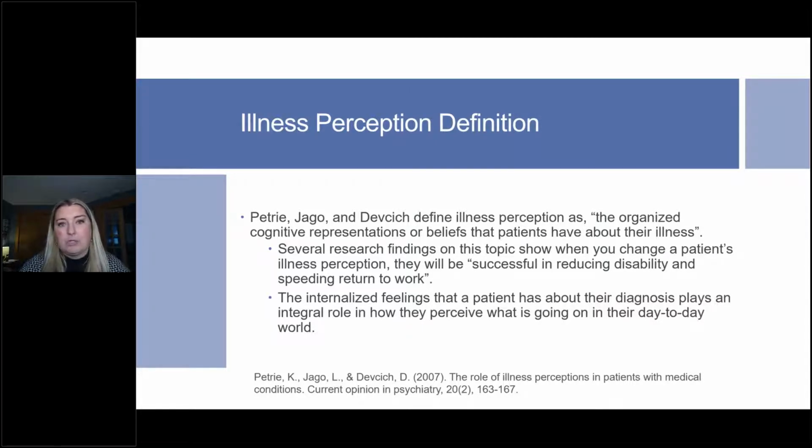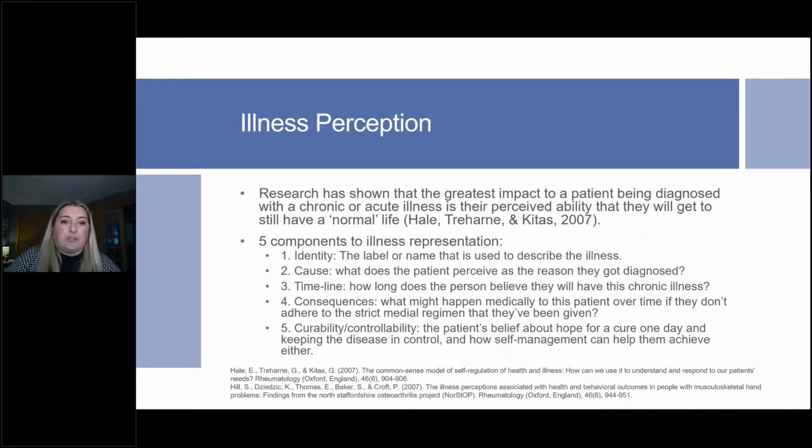We'll talk about different ways that you can perceive that illness for your children. Research has shown that the greatest impact to a patient being diagnosed with a chronic illness is their perceived ability that they will get to still have a normal life.